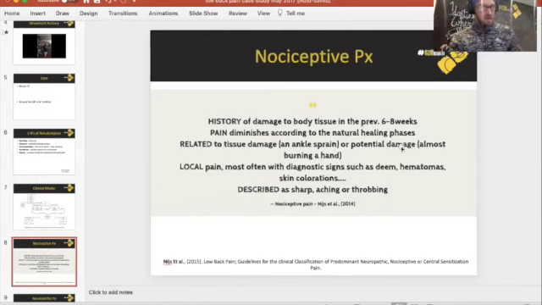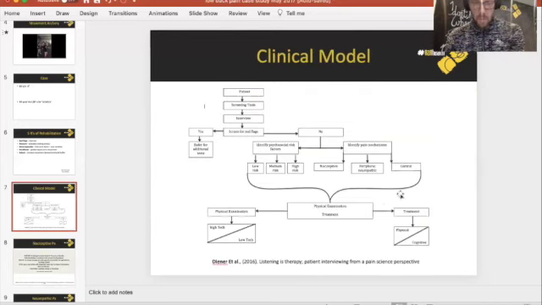Didn't damage it, but it set off the little damage detectors in there to tell us to avoid that thermal threat. The pain will most often be local to that tissue, and it will often have diagnostic signs such as your classic inflammation, heat, bruising, that we'll be familiar with in injury. People will most often describe this as sharp, aching, or throbbing.